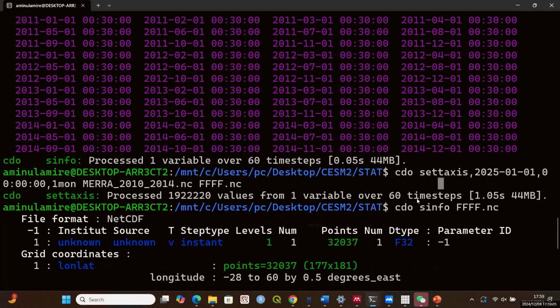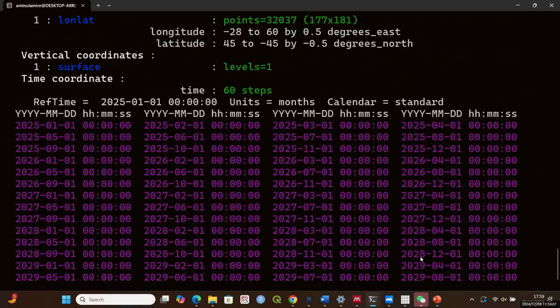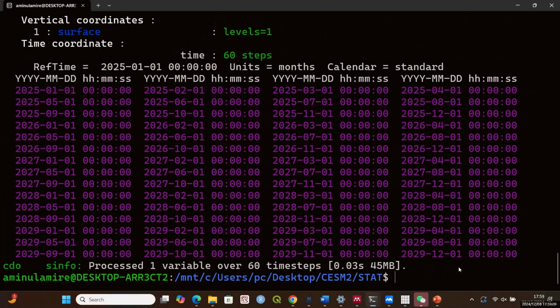So assuming I want to calculate the long-term mean of my data, the mean for all the years. What do I do? CDO what? I just want to calculate the average for all the years.